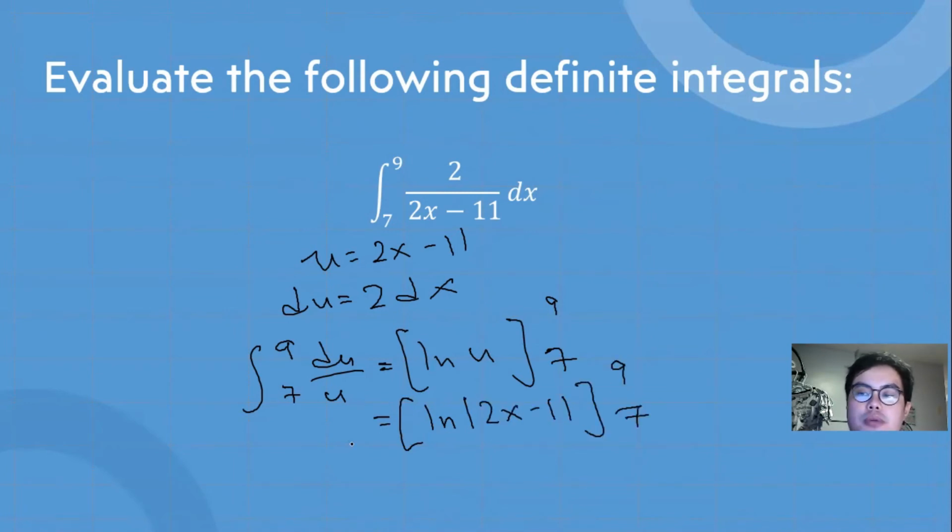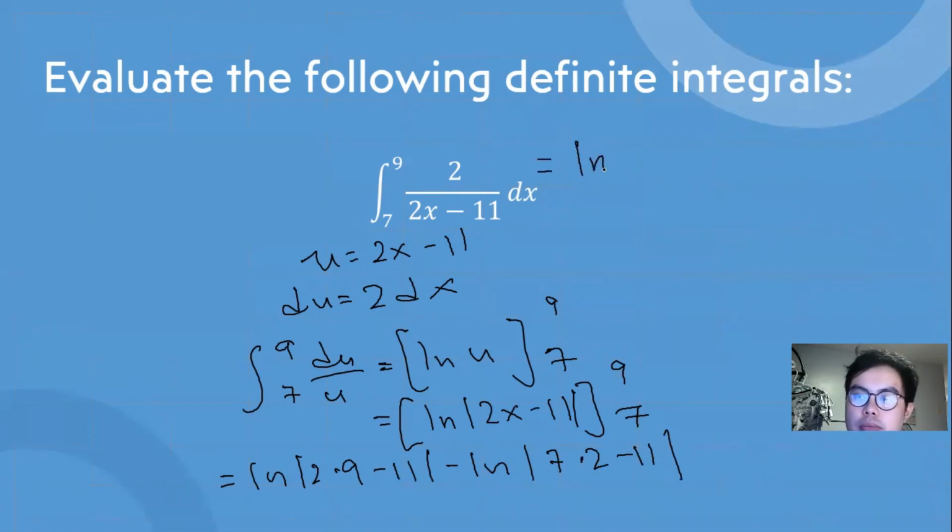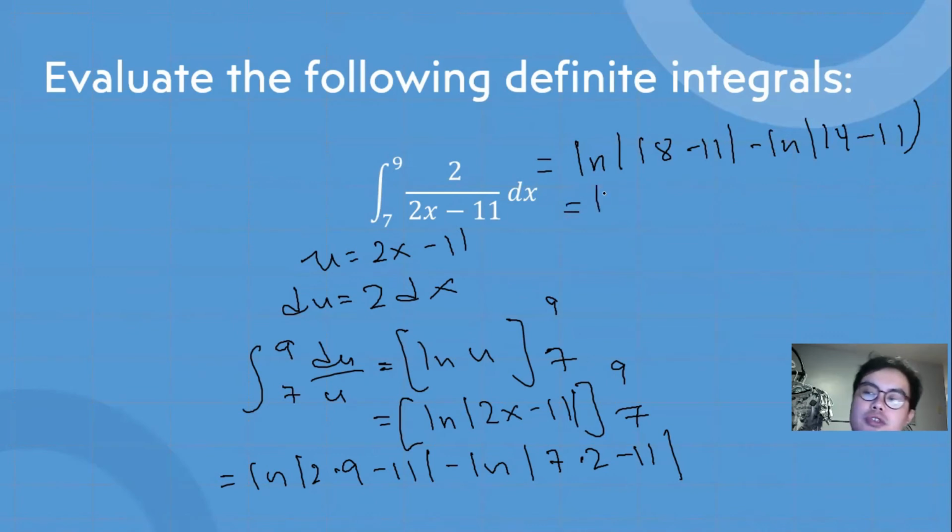Then substituting po, it will become ln, then 2 times 9 minus 11, then minus ln, then 7 times 2 minus 11. Okay, so what are we going to do here is, it will become ln, then 18 minus 11, minus ln, then 14 minus 11. Okay, so ano yung 18 minus 11? So it will become 17, or 7 pala.